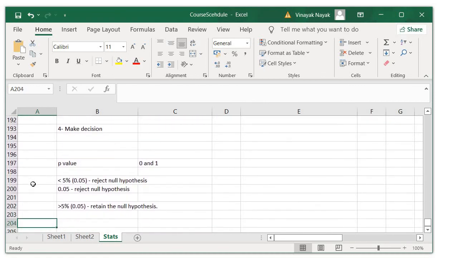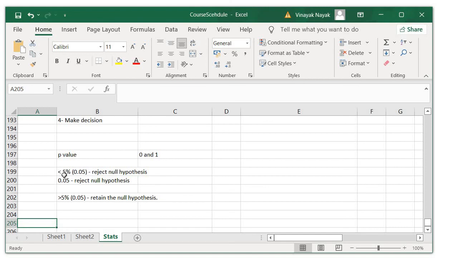In this, if you obtain a p-value which is less than 5% or less than 0.05, you reject the null hypothesis. Also, in a case where the p-value is equal to 5% or 0.05, we still reject the null hypothesis. If the p-value is greater than 5% or greater than 0.05, then you retain the null hypothesis.